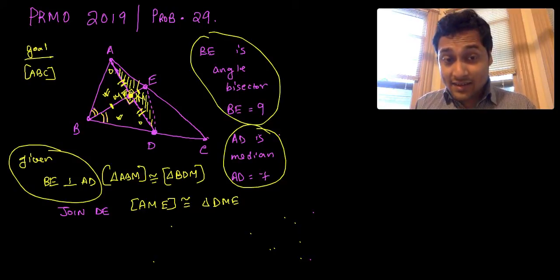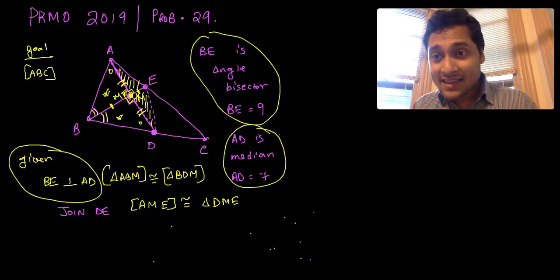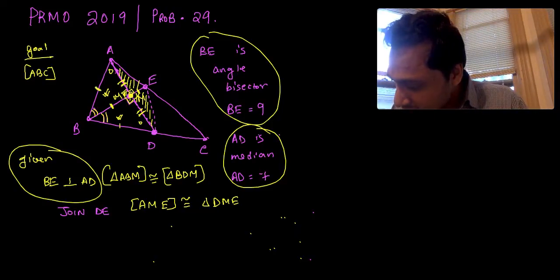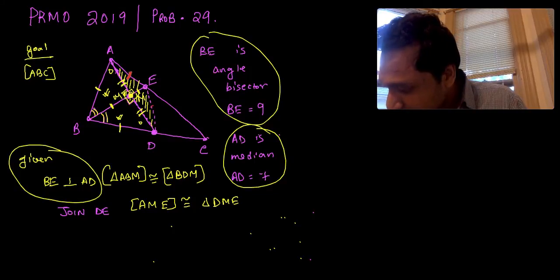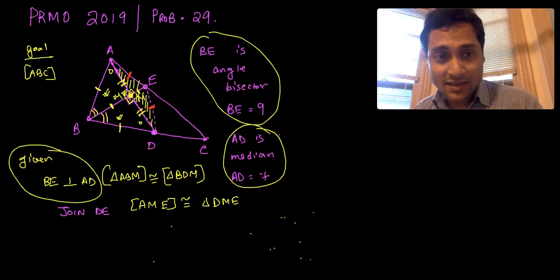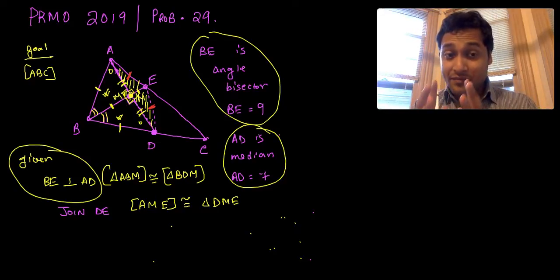In fact, you can now see that ABDE is a kite. These two sides were equal, and now we know that these two sides are equal. That's what a kite is all about. Anyway, we can find the area of this ABDE very easily. But how can we do that?